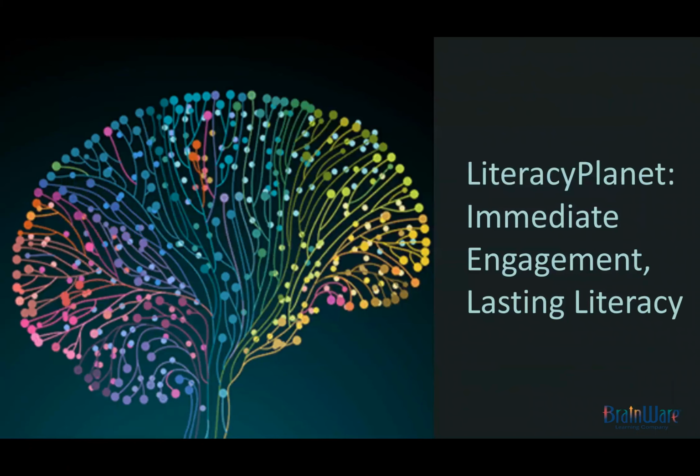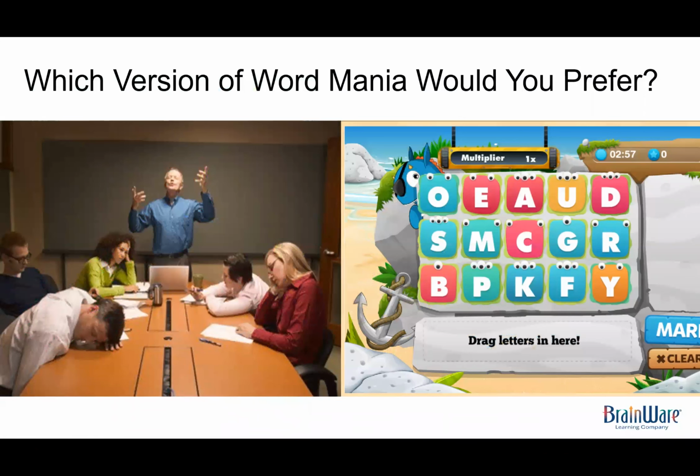So as we're getting started, I wanted to start with one of the big activities. It's probably the best known activity within LiteracyPlanet, and it's called Word Mania. When I started thinking about Word Mania, I thought maybe we've got a couple of options here. So I was going to give everybody a choice about which kind of Word Mania you would prefer.